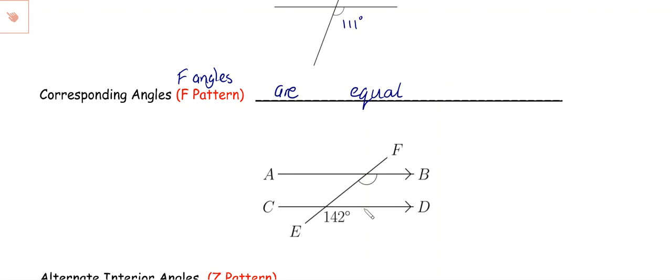So for instance, down here, this one is 142. So what's this one? 142. So for the F all the angles will be the same. So within the F shape, yeah. So if I look at this one, this angle is made up using that line, got this one. So can you see how the F shape is there?